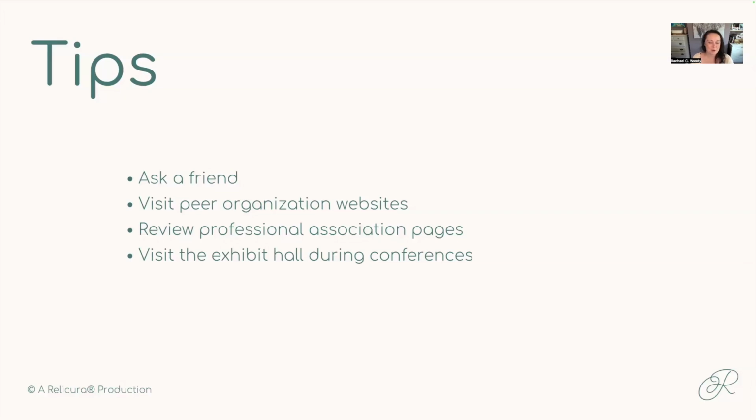Taking a look at professional association pages. Some of the larger associations will have directories of different collections management systems, whether it's museum or archives. And related to those professional organizations, if you attend conferences, there's usually some sort of exhibit hall, or at the very least, sponsors of the particular programs that you're going to.